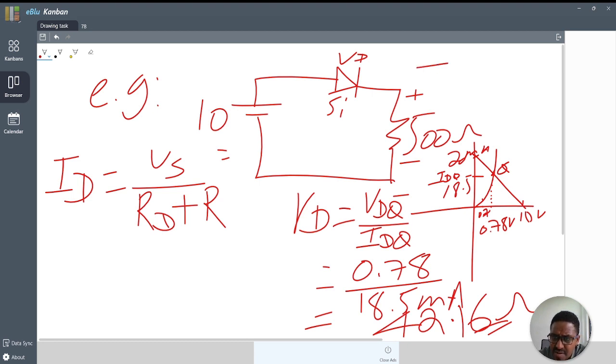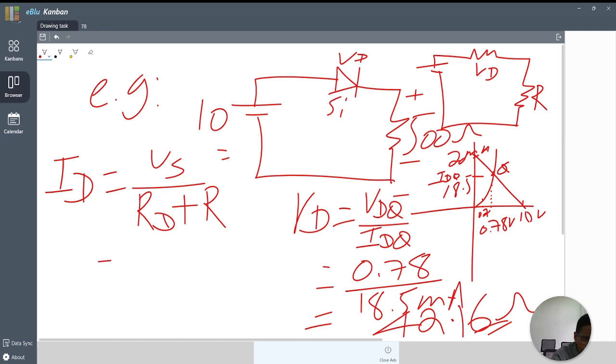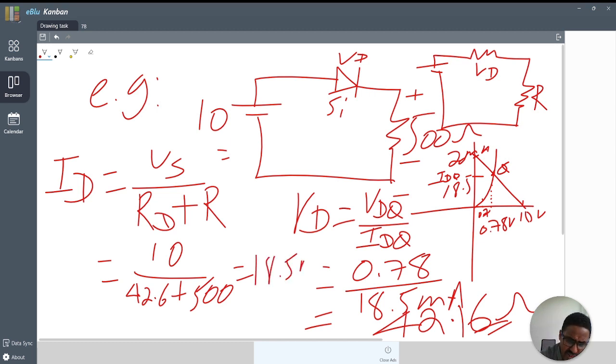Our circuit looks like this: this is RD, this is the resistance, and this is our V source, 10 over 42.6 plus 500. This gives what we got before, 18.5 milliamperes.